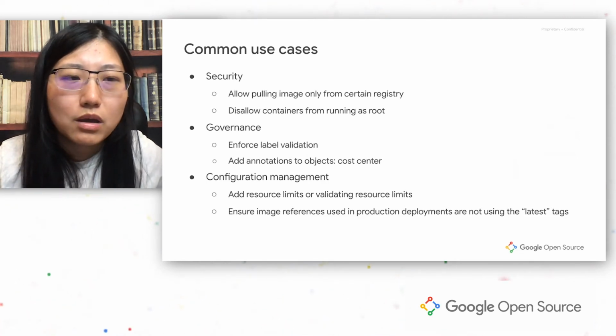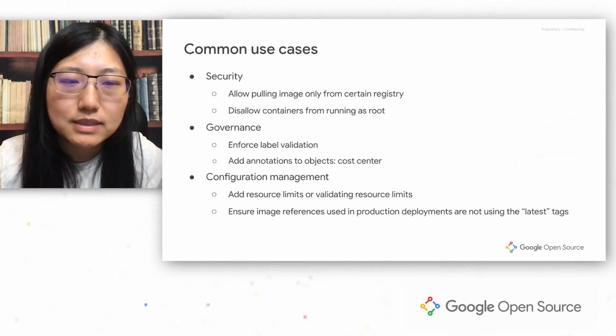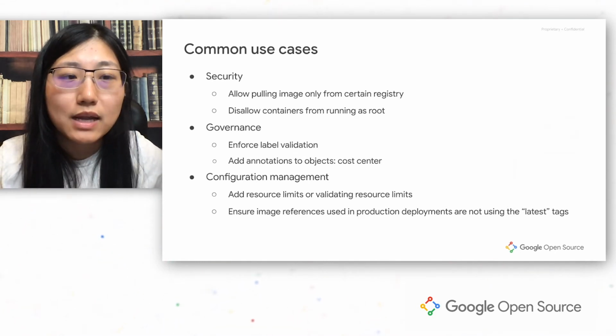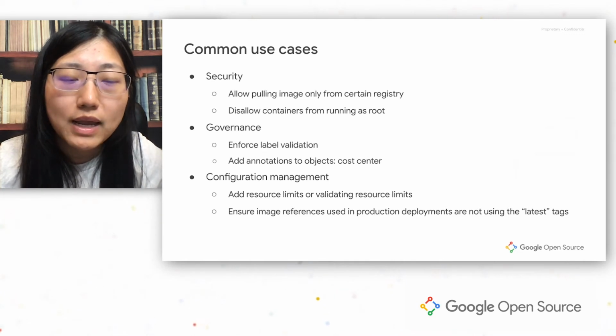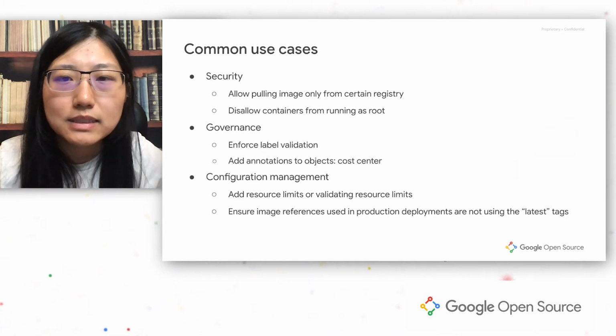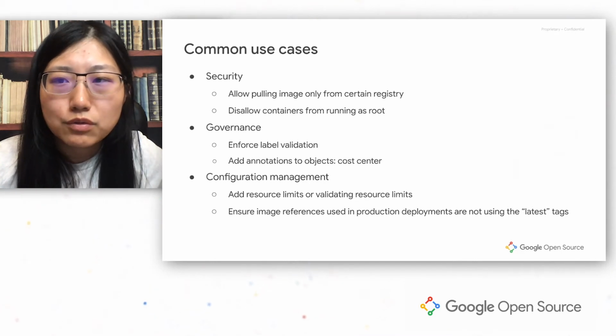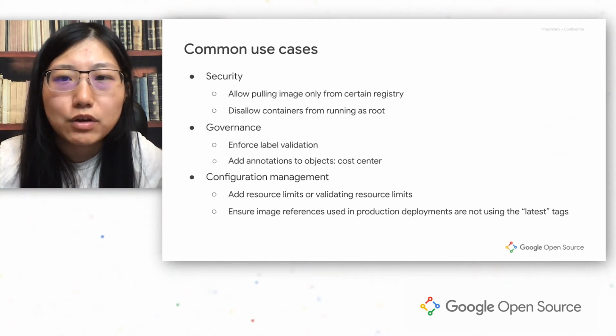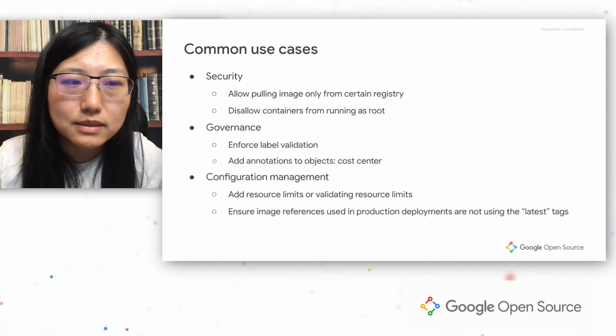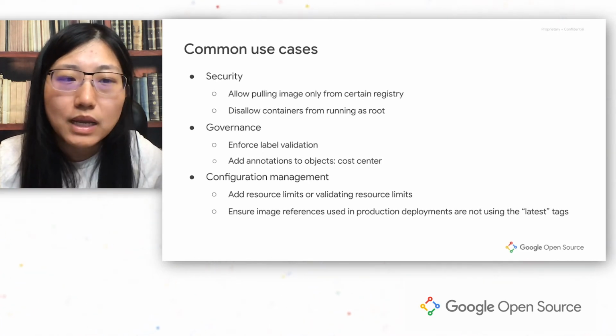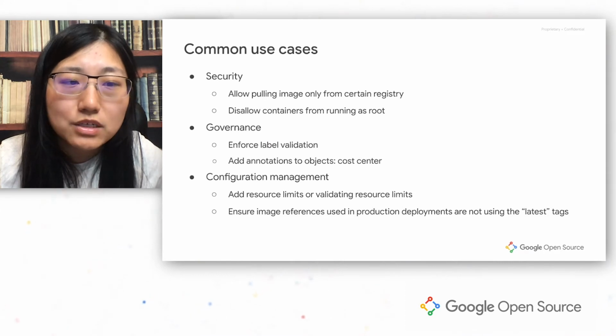For example, we can only allow pulling images from the registry inside your corporation, and we can disallow containers from running as root. Secondly, they can help to enforce adherence to certain practices, such as having good labels, annotations, resource limits, or other settings. Like we can enforce some label validation or add annotations to objects, like adding a cost center.